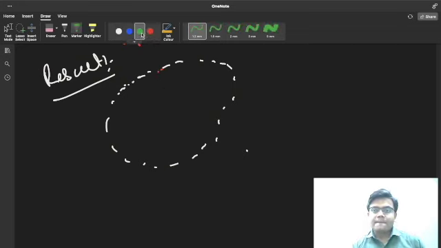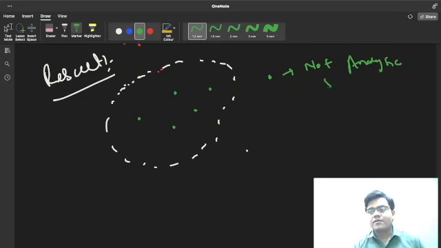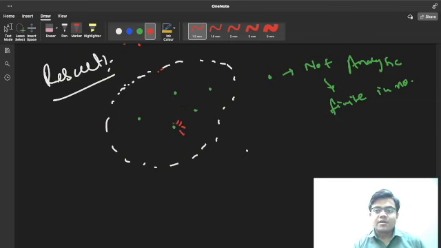And at some finite number of points, let's say these are the points where the function is not analytic, and they are finite in number. But in the neighborhood of these points your function is bounded.